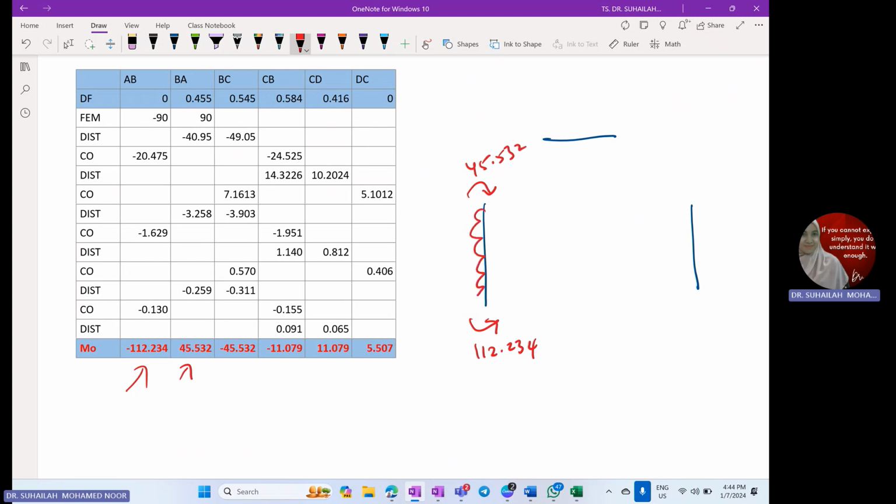Here is UDL 30. Then another one is negative 45.532. Then negative 11.709. Then positive 11.709 and positive 5.507.